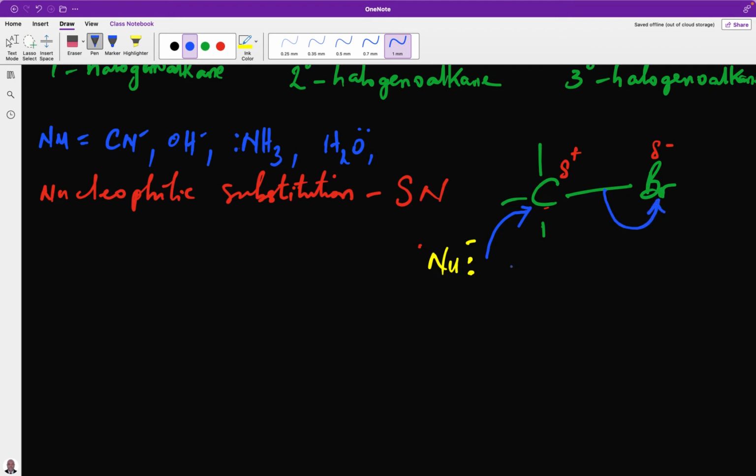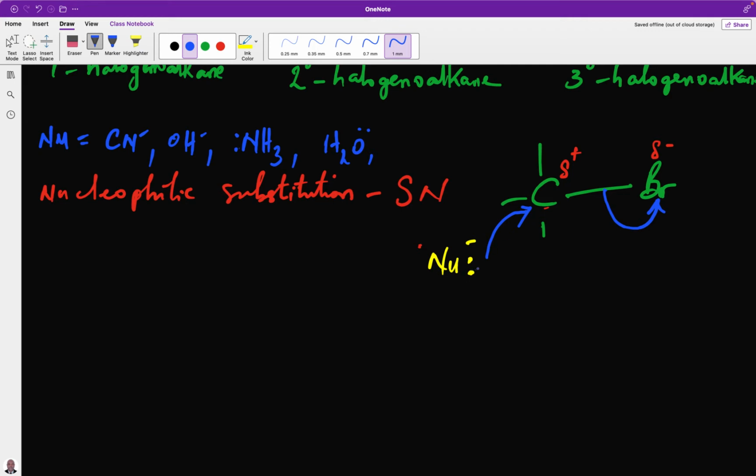That's what happens. When a nucleophile attacks the carbon atom carrying the partial positive charge, what happens at that particular moment?